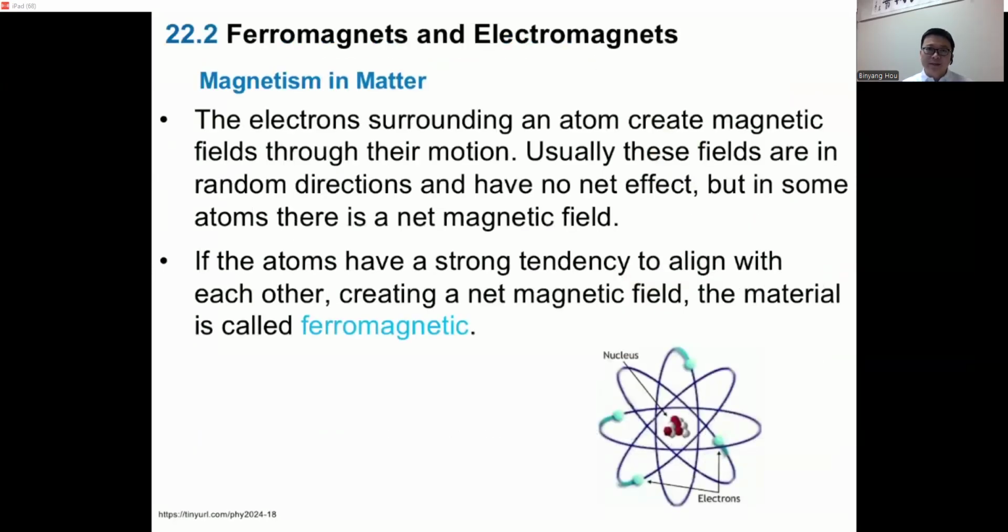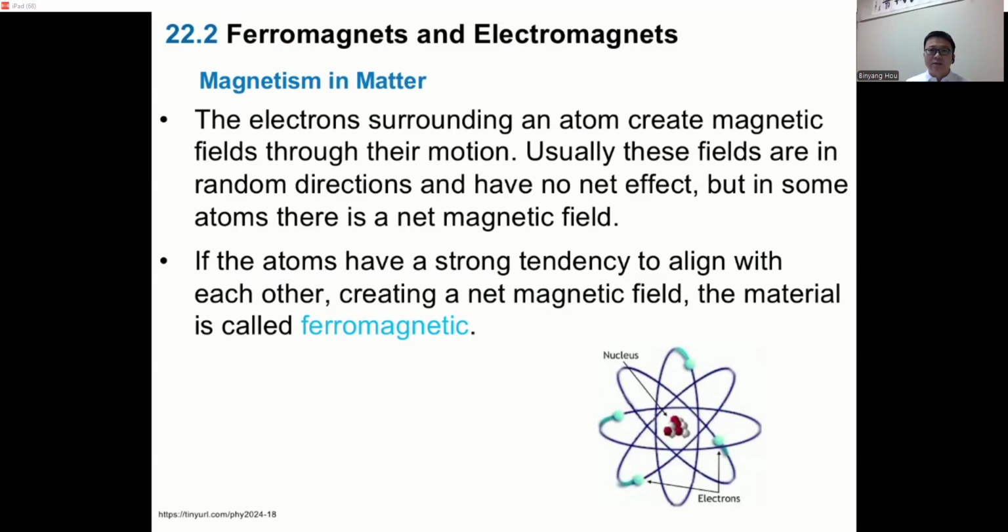All right. Now let's talk a little bit about the fundamentals of what causes magnetism. Normally, electrons surrounding an atom are charged particles. So they actually create currents.